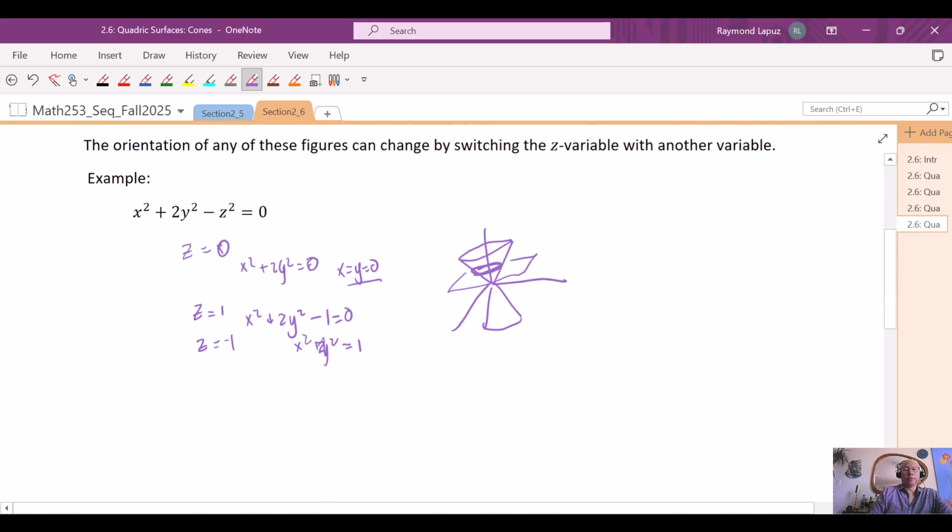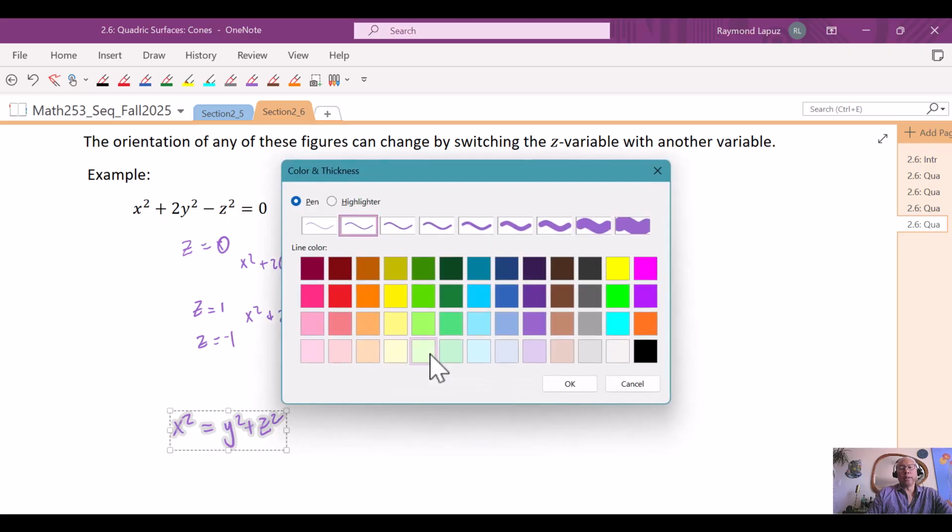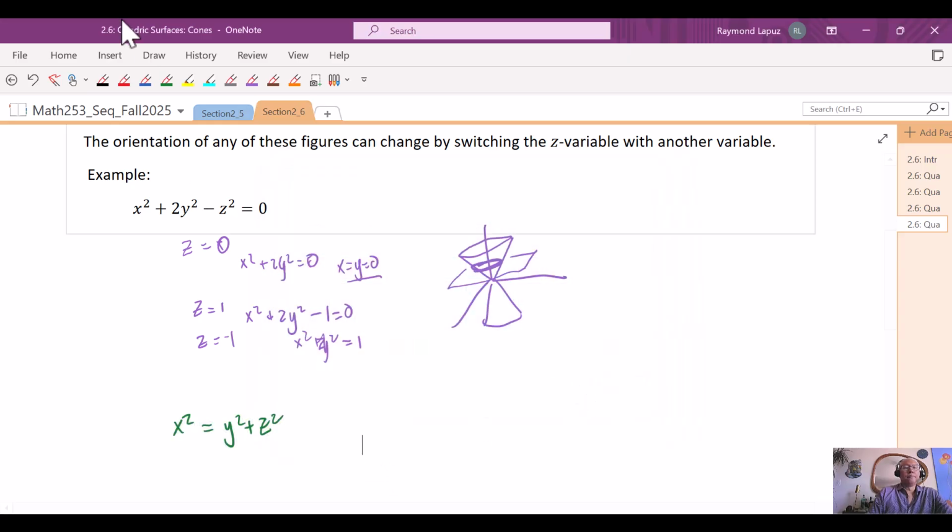And I don't have another example ready, but let's say you had x squared is equal to y squared plus z squared. Let's do this in a different color. If you have one of those, then we can imagine that our orientation is going to change.